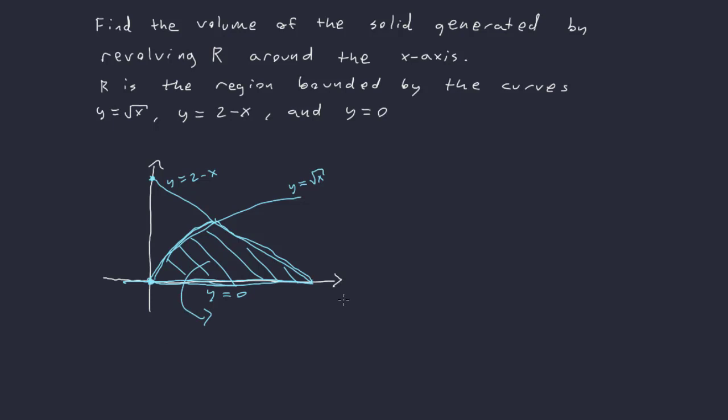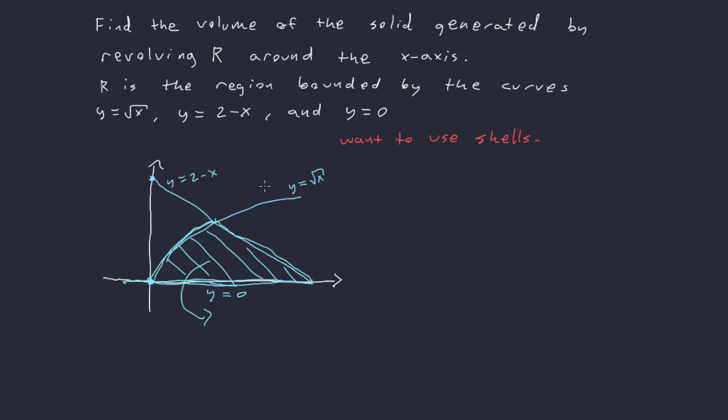Now I'm going to use shells, and I'll show you why I want to use shells. If I try to do this with the disk method, it's already set up for that, essentially, because these are already y's in terms of x.